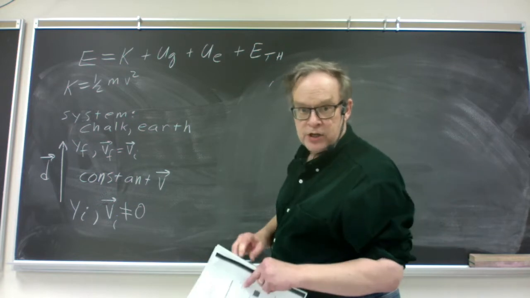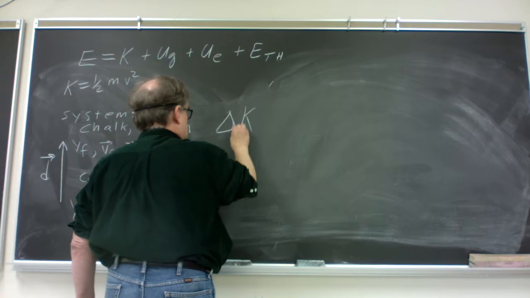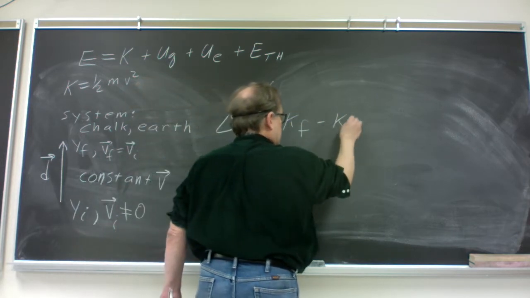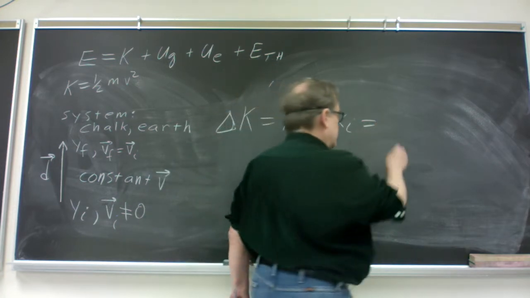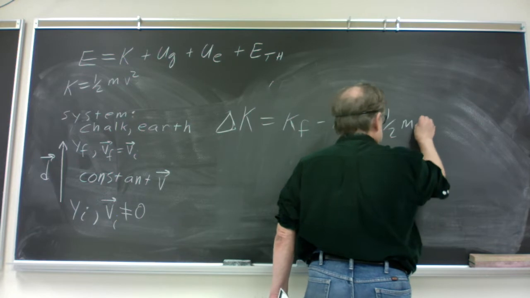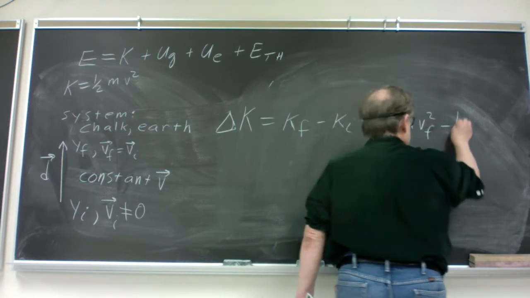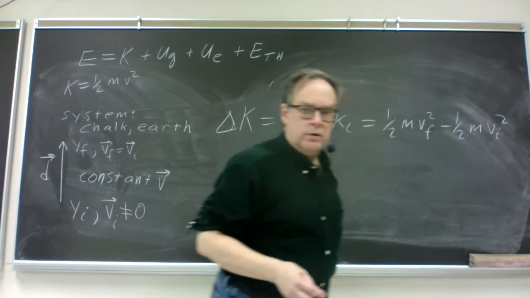Well, think about the change in kinetic energy. Change in anything is just the final value minus the initial value, and the final value of kinetic energy is 1/2 mass final velocity squared minus 1/2 mass initial velocity squared.